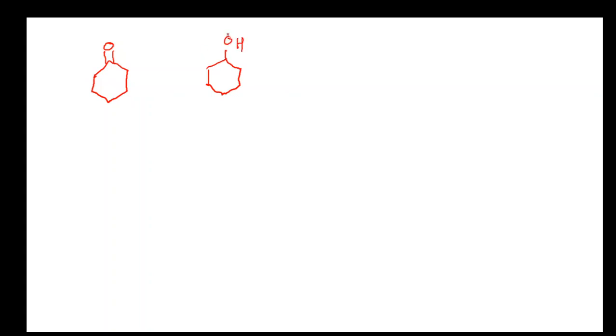So everything's going to have London dispersion. This one is going to have hydrogen bonding because it has the OH, so that one will definitely be there. There's no charges, so ion-induced dipole is not there. And since this oxygen is polar, making that molecule polar, you're also going to have dipole-dipole.